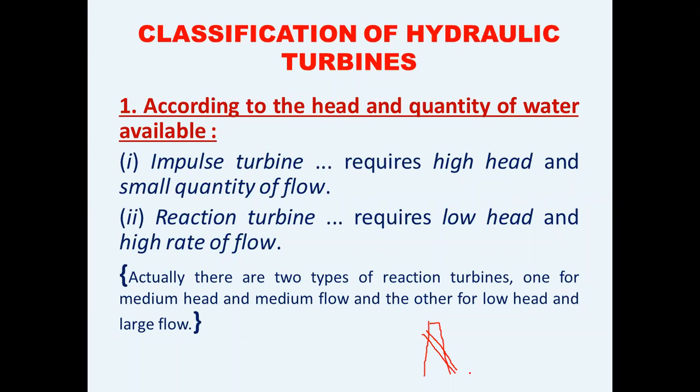So in this case, the head of water is very high. That is, water is falling from a great height. But as the pipe or the penstock is very small, the quantity of water or the discharge that we are getting is very low. Now, in that case, the type of turbine that we are going to provide is the impulse turbine.